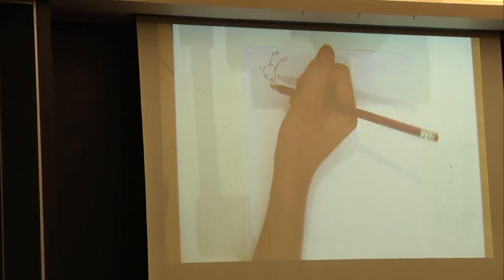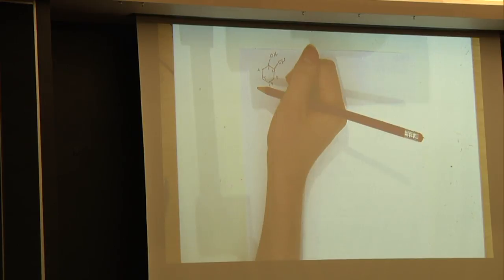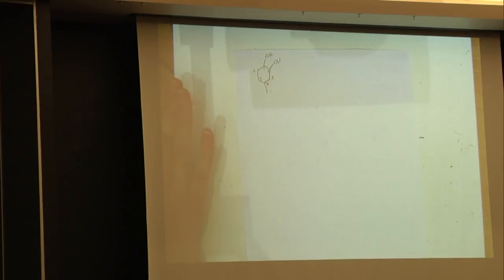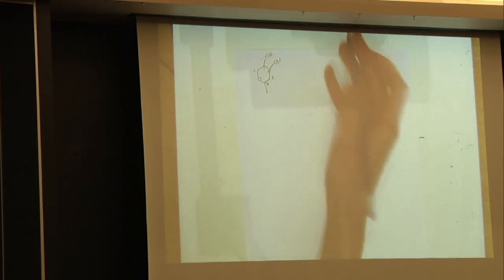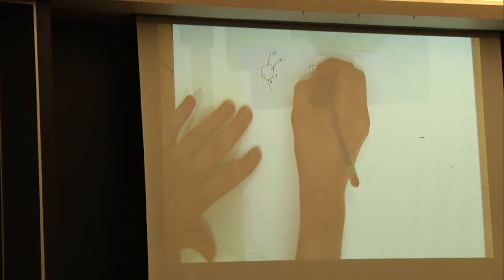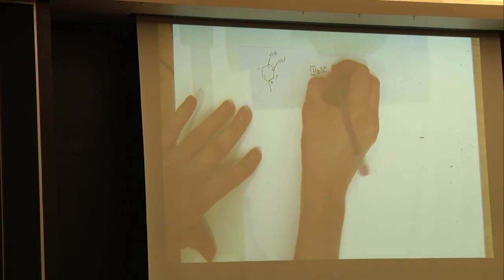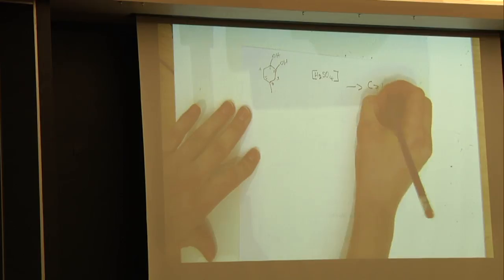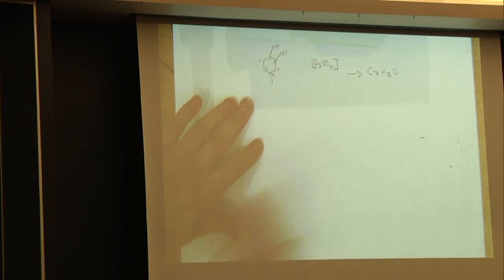Okay? All right. When this is treated with concentrated sulfuric acid, the product has a molecular formula of C7H12O. So concentrated sulfuric acid, then we have a compound with C7H12O.